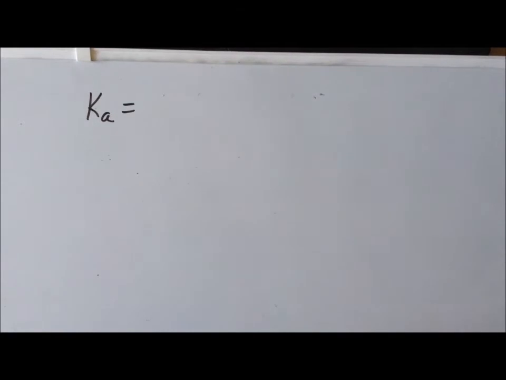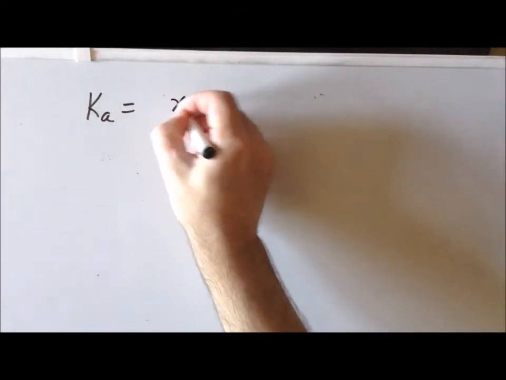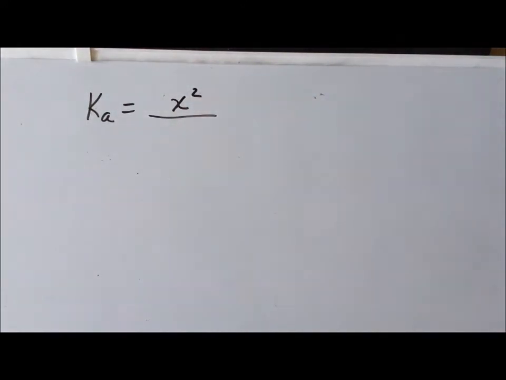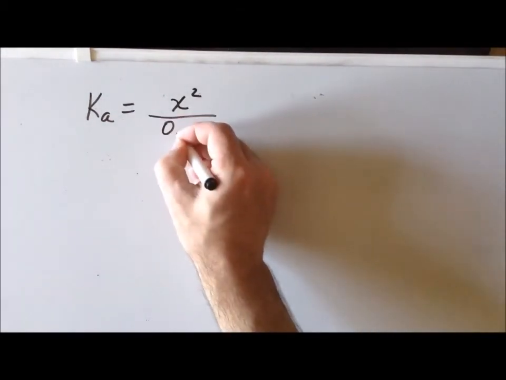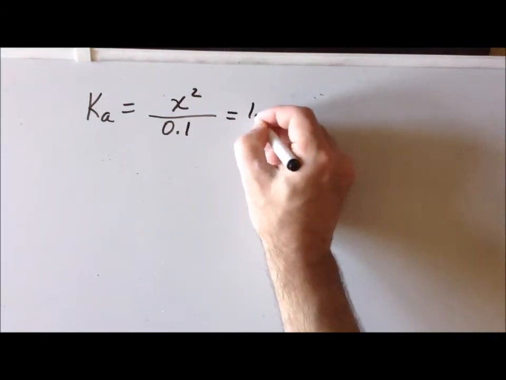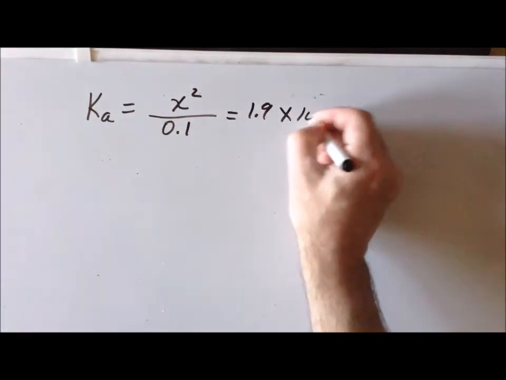If we make use of the fact that x times x is simply x squared, we can write the numerator as x squared. And if we make use of our technique, aka trick, that we can ignore a small value that's added to a larger number, we can write the denominator simply as 0.1, and this is set equal to 1.9 times 10 to the minus 5.